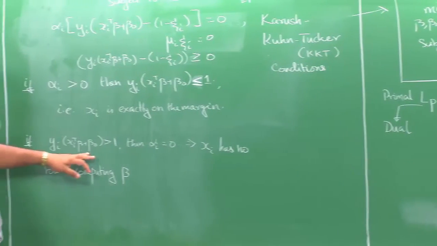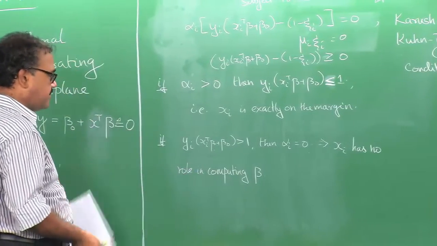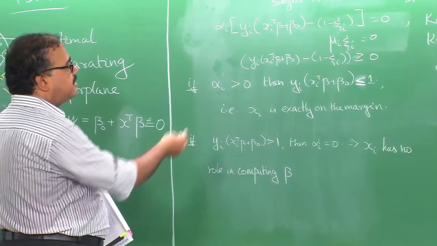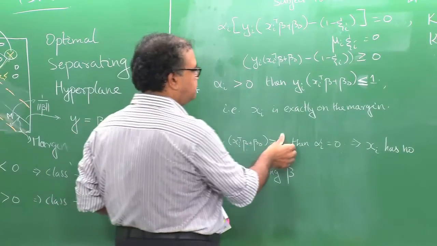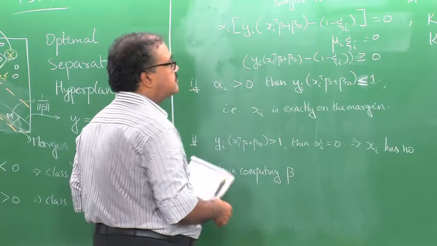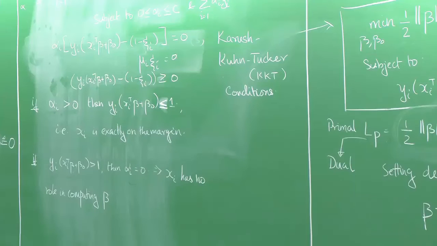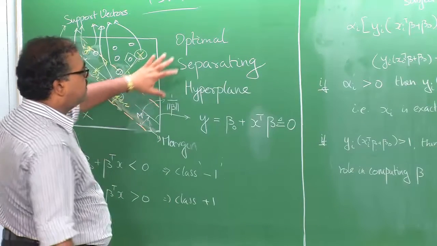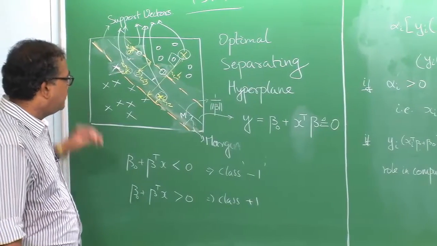If the data happens to be on the right side of the margin, then your alpha i's have to be 0, as we saw earlier, and those data points have no role in computing. So, this essentially takes us over the entire optimal separating hyperplane part.